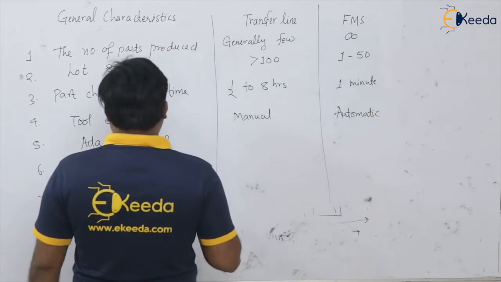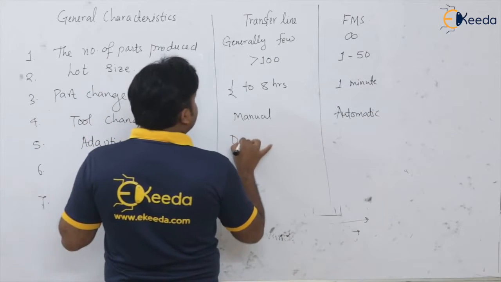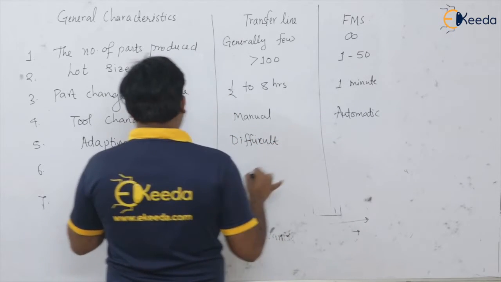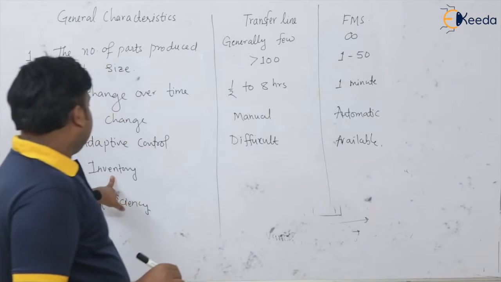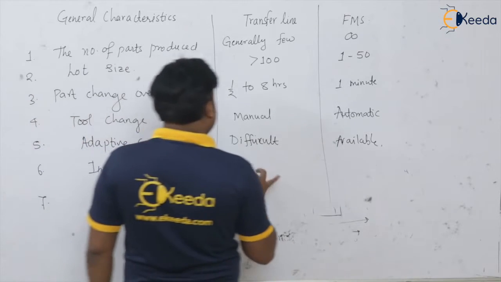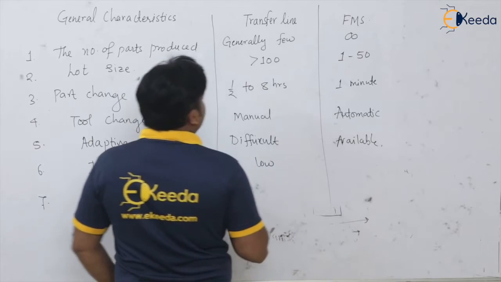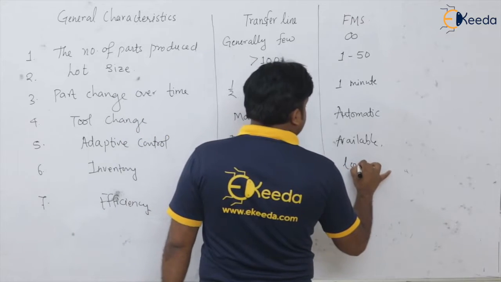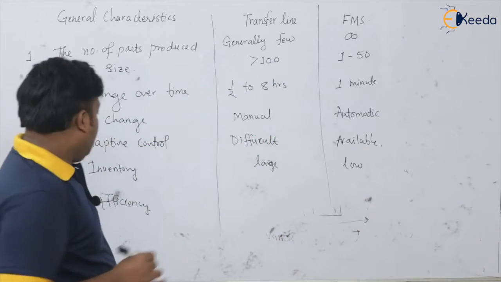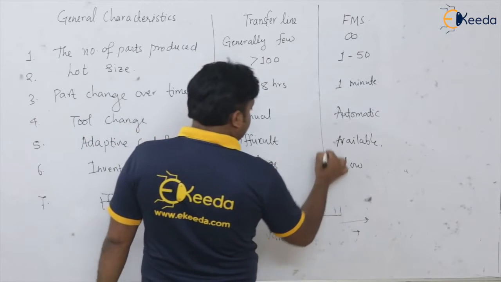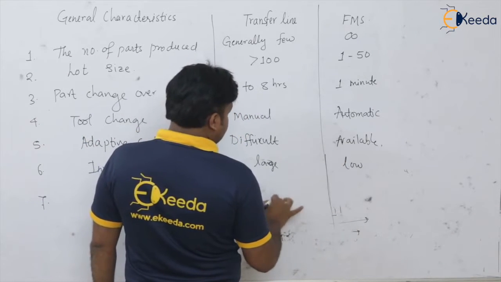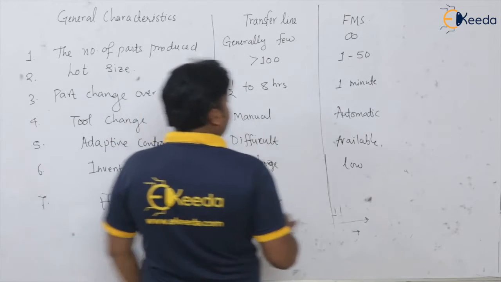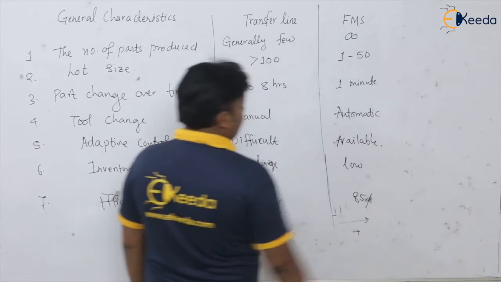Adaptive control is difficult in transfer line, but in FMS it is available. If you look at the inventory, inventory is large or high in case of the transfer line and low in case of the FMS. And efficiency of the transfer line is 60 to 70%, but in FMS it is up to 85%.